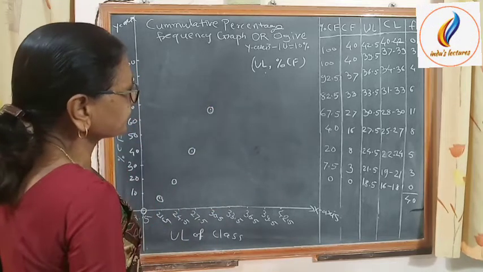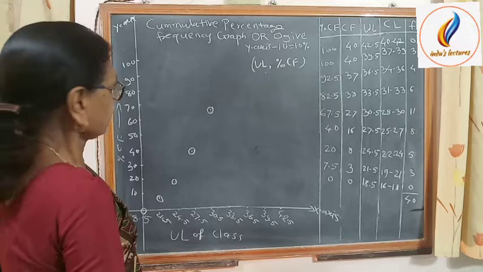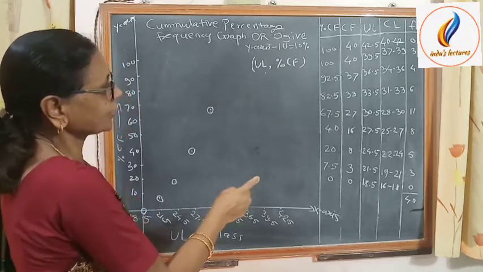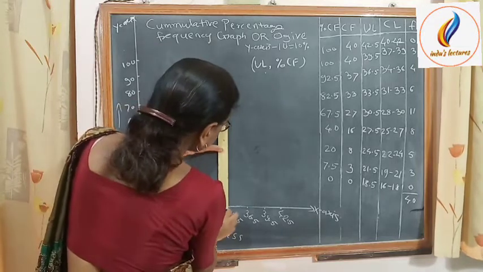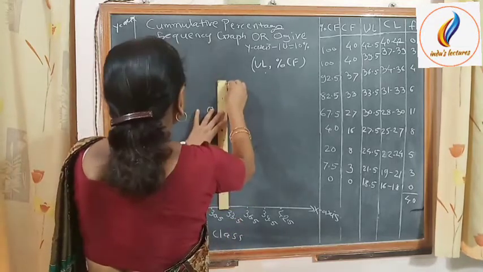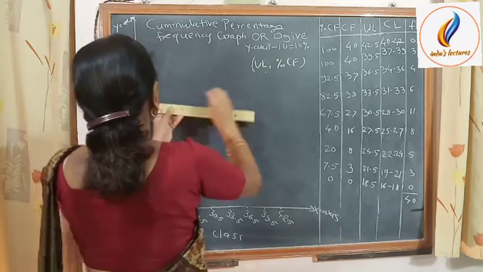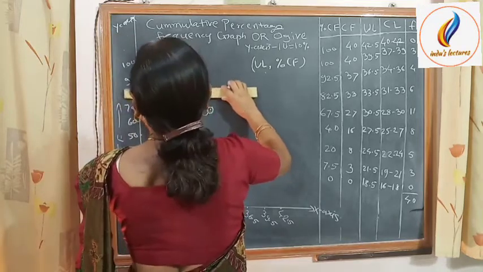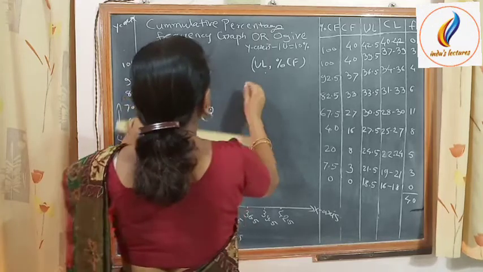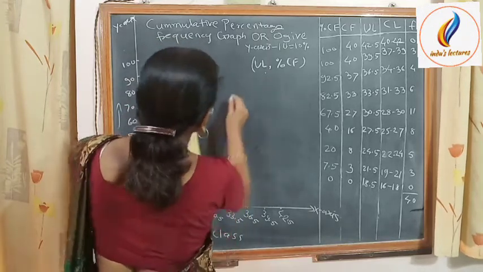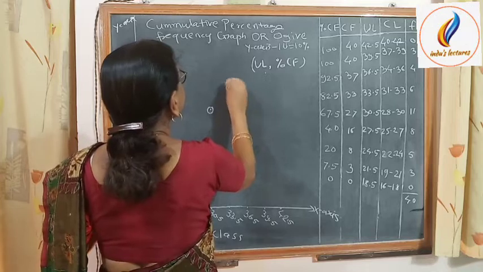Then the next one is 33.5, 82.5. So this is the point.